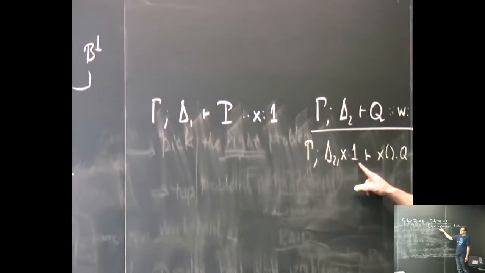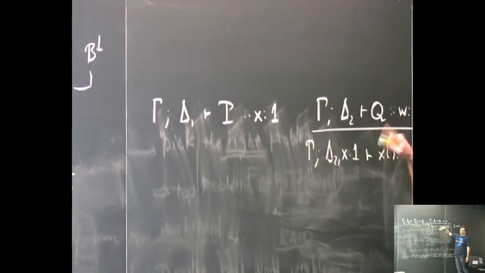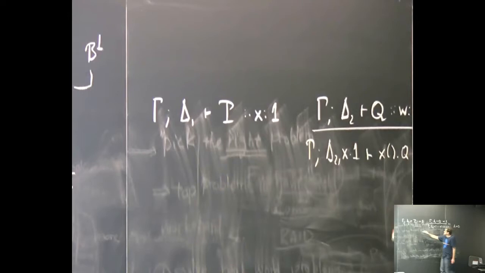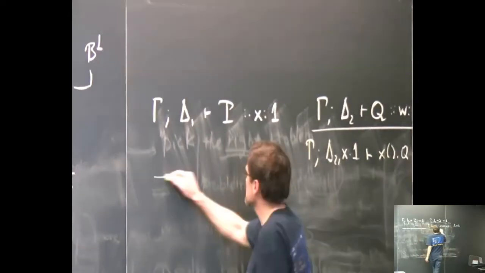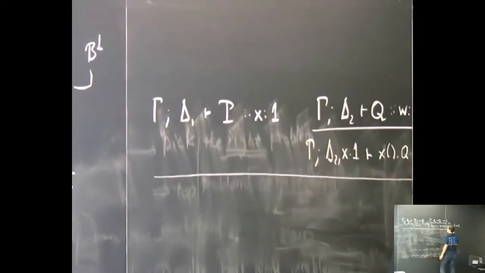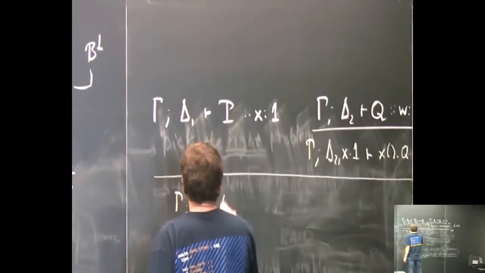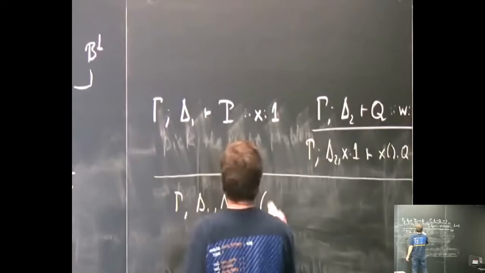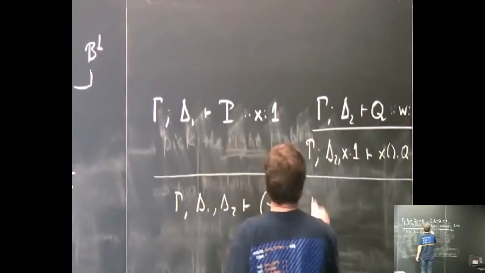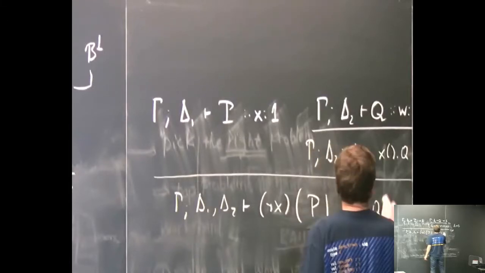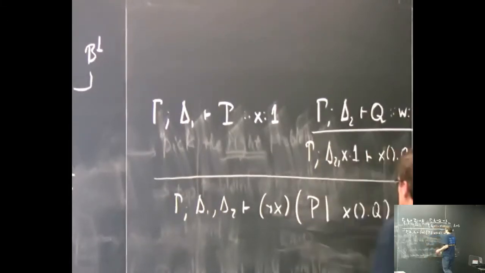Because it's in the context, it's actually receiving. If you do the one right, it's sending. So we receive an empty message, and then we continue with Q. Now if you apply the cut, then we get gamma, delta 1, delta 2 together. We have a new x. We have P in parallel with x input Q.